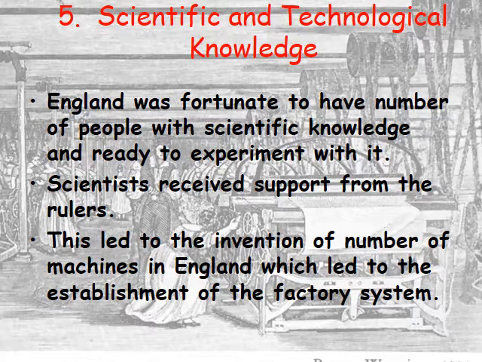The scientists and the discoveries in England gave preference to discovering those machines which would not only reduce the work of the people but at the same time be more effective in producing goods of a better quality and which were cost effective. This led to the invention of a number of machines in England, which led to the establishment of the factory system.